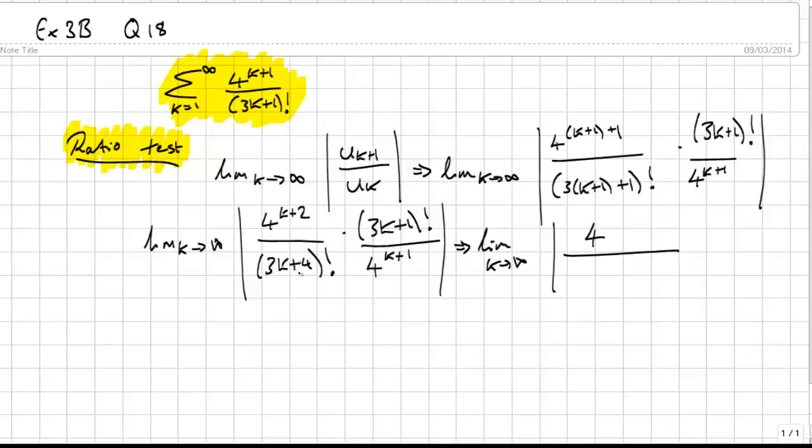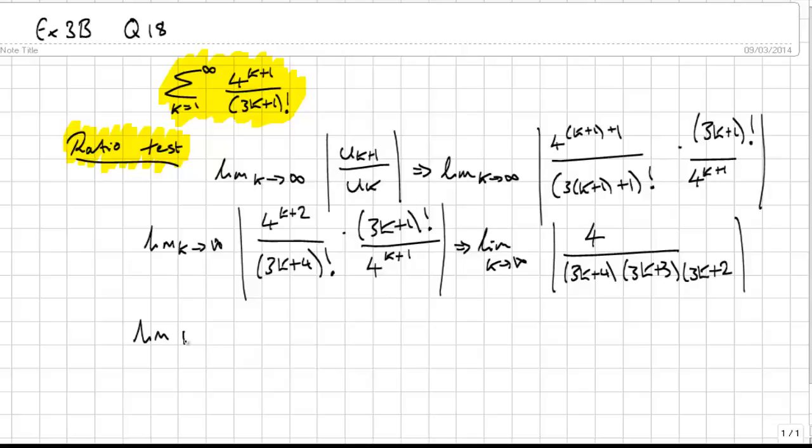And if we consider what (3k plus 4) factorial looks like, it's 3k plus 4 times 3k plus 3 times 3k plus 2 times 3k plus 1, etc. And anything from 3k plus 1 and below will cancel out with that (3k plus 1) factorial on the top. So hopefully you can see we're just going to be left with 3k plus 4 times 3k plus 3 times 3k plus 2.